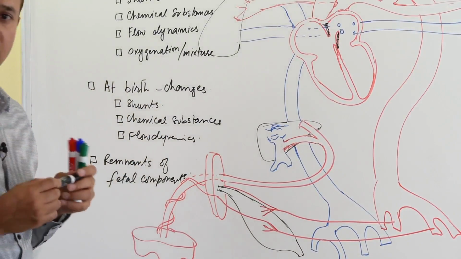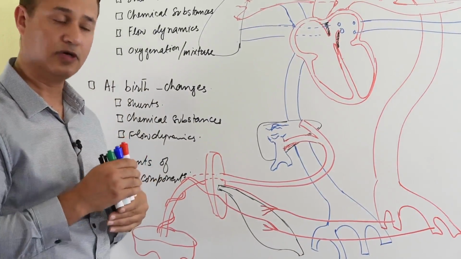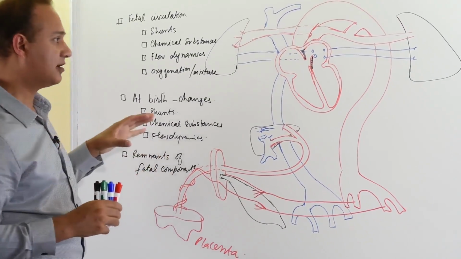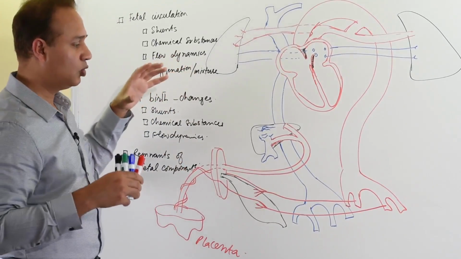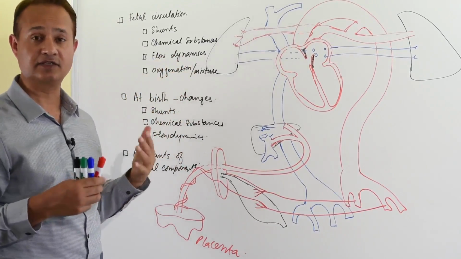Of course we can talk about pathology as well, that if there are babies that have problems with their cardiovascular system, what kind of surgical or chemical interventions we can do.